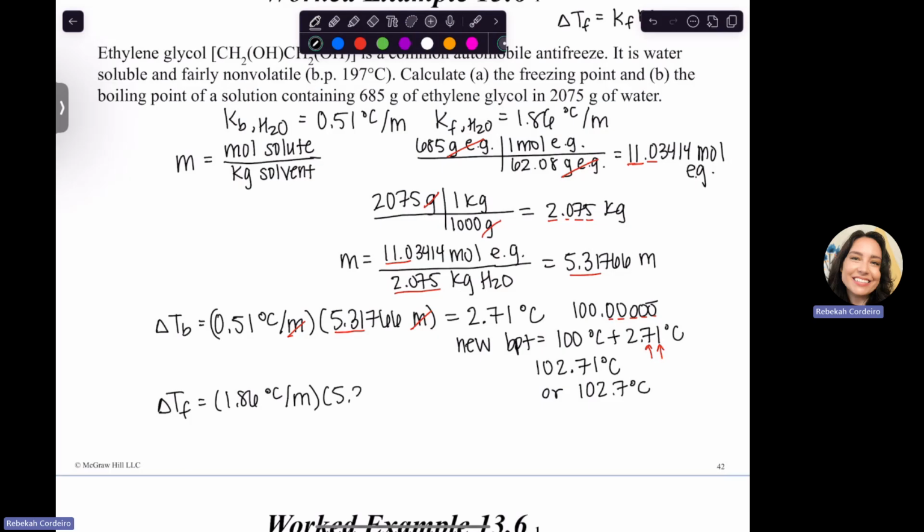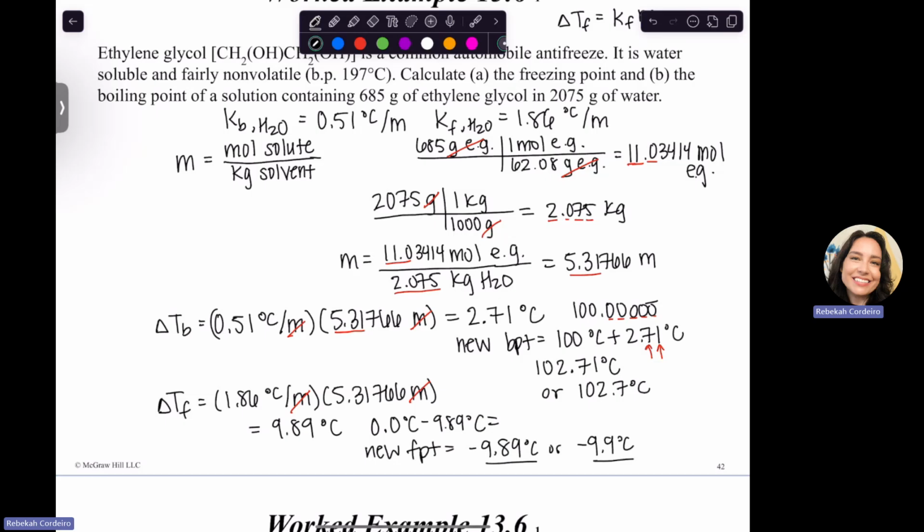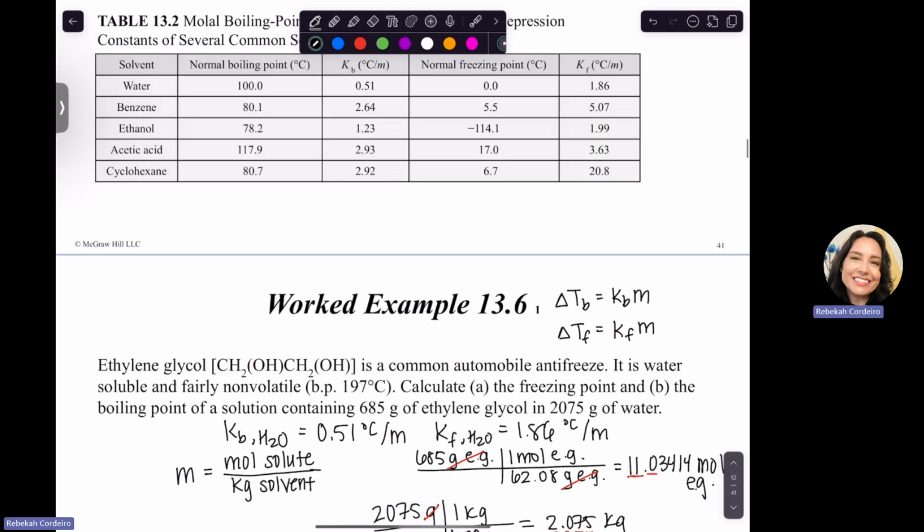And so for freezing point, our molality stays the same. We get 9.89 here, and we're going to subtract that from our degree C. So our new freezing point is negative 9.89, or maybe they want us to put negative 9.9, depending on if they want to use 0.000 to infinity, or if they want to use 0.0 or 100.0, because that's what they have in this table.